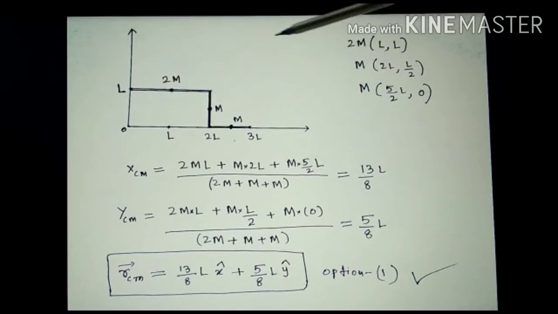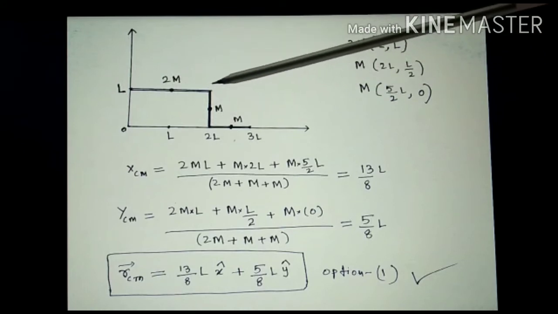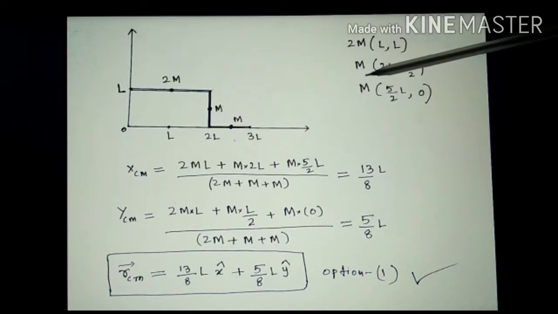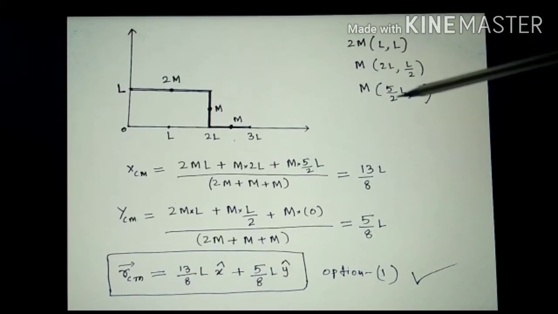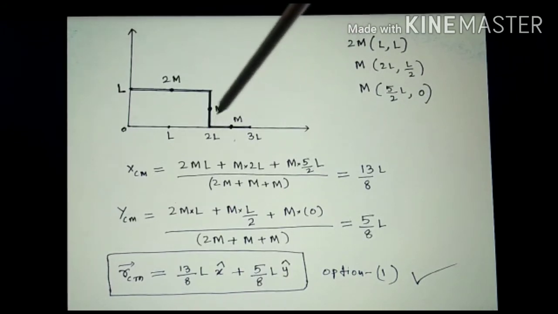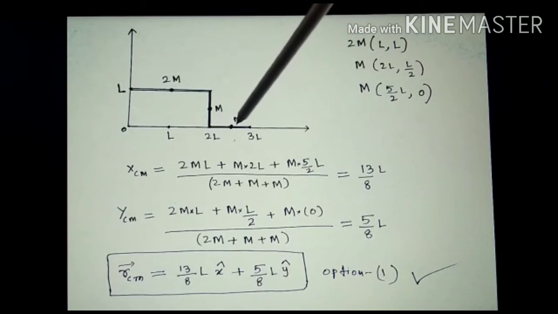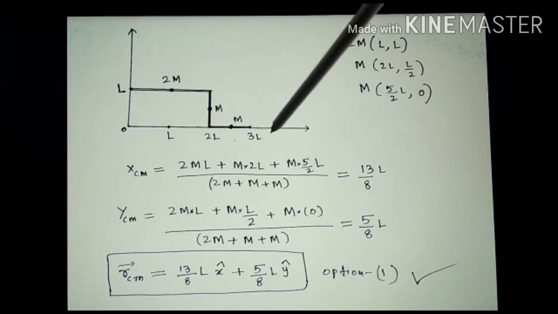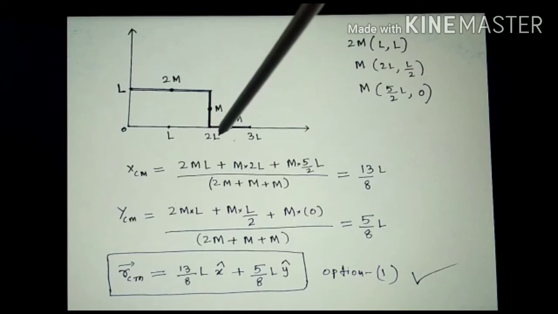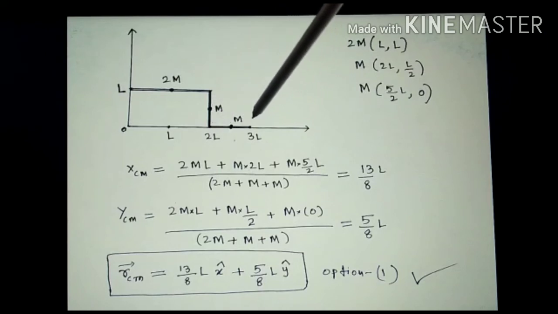So the position of mass m is 2L comma L by 2. For the portion from 2L to 3L, the center of mass is in the middle of 2L and 3L, that is 5 by 2 L, comma, y coordinate 0 because it is on the x axis.